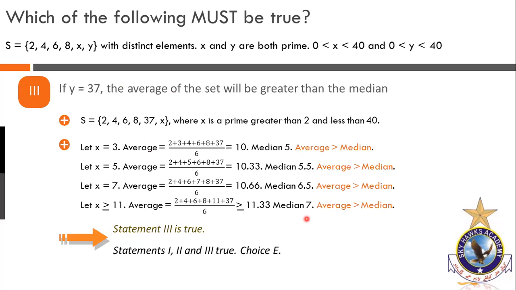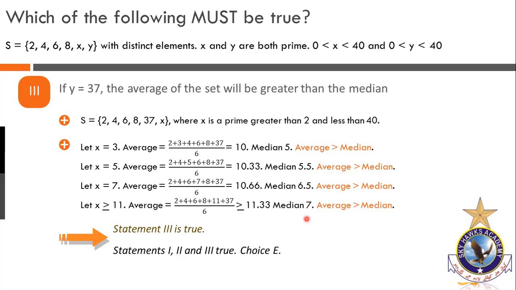Every time, the average or mean is greater than the median. This pattern finalizes the statement that the mean is greater than the median all the time with the given restrictions for x and y.